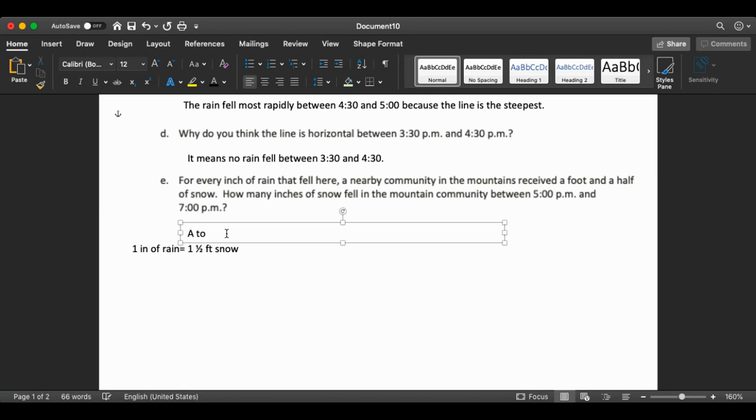A total of 1/2 inch of rain fell between 5 o'clock and 7 o'clock. Now we're trying to figure out what that means for the mountain community. I'm going to put this down here.